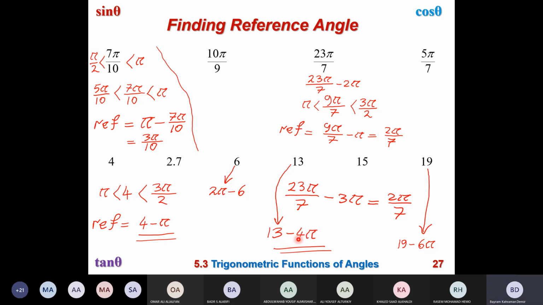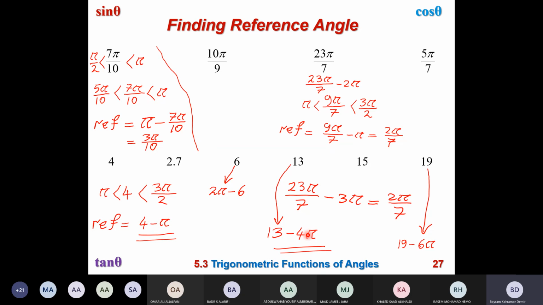because this difference is quite small. 13 minus 4 pi is quite small, Shabab. Can you see approximately how much? 0 point something radian. Yes. So it is an acute angle, Shabab. 0 point something radian is an acute angle.